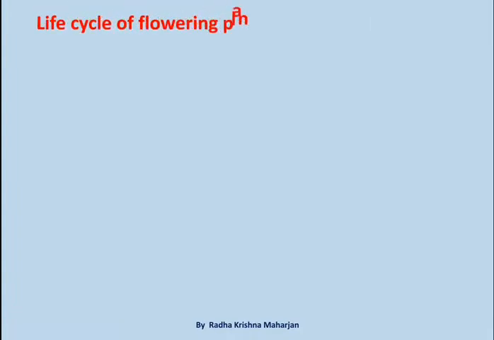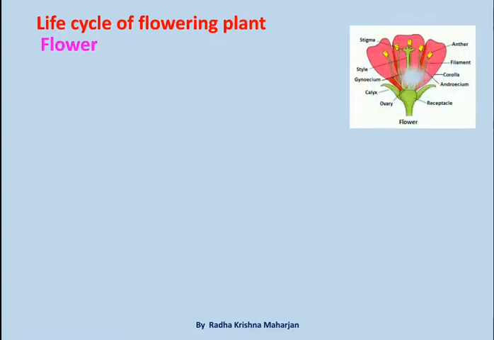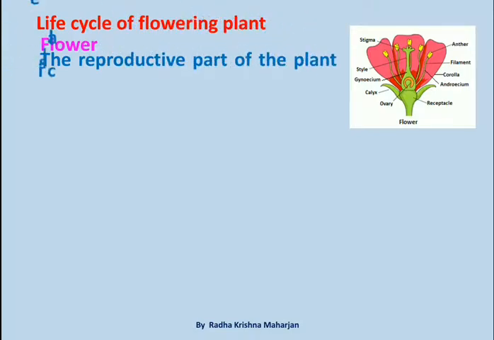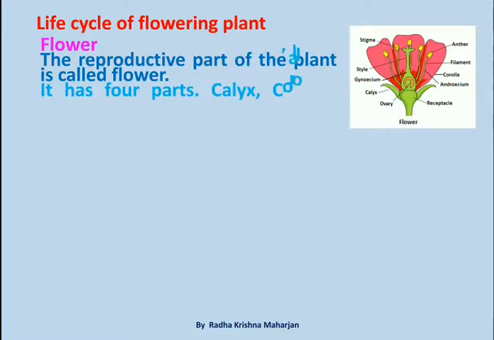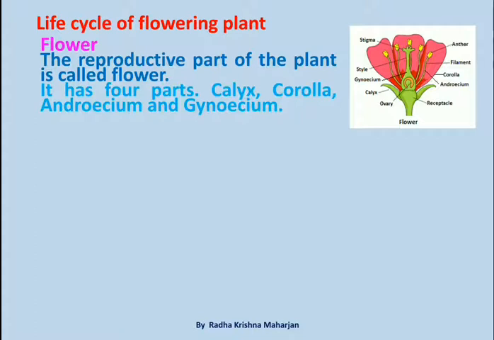Life cycle of flowering plant. Flower. The reproductive part of the plant is called flower. It has 4 parts: calyx, corolla, androecium and gynoecium.